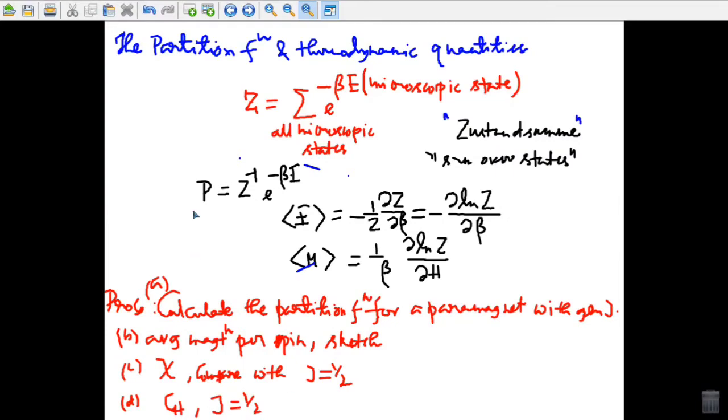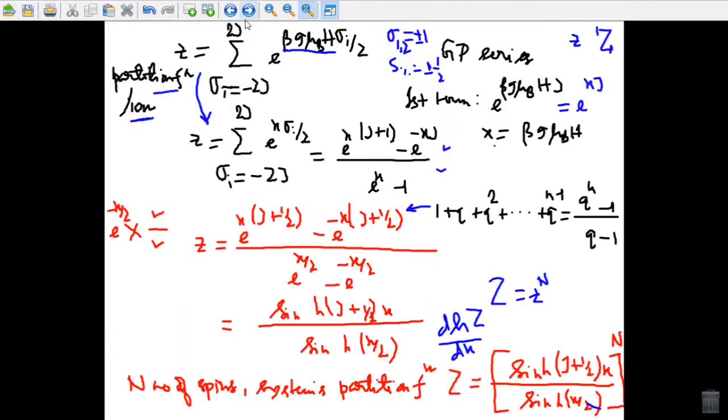So to start with the problem, we have to write the partition function, right? So the partition function per ion, that is small z. Do not confuse it with the capital Z. This is the partition function for a single spin, or the partition function per ion.